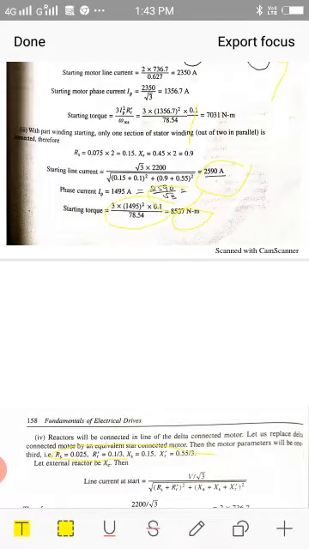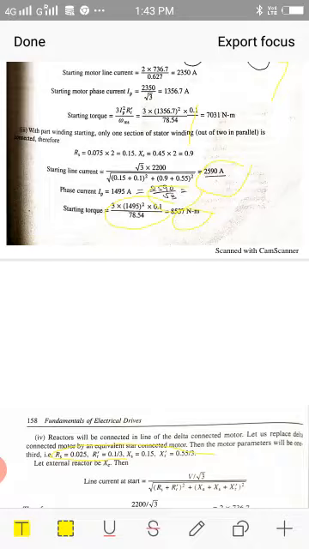Okay, it will be 3 times lesser than the previous value. RR dash will be equal to 0.1 divided by 3. Similarly, XS will be equal to 0.15 and XR dash will be equal to 0.55 divided by 3. Okay, so if the motor is having this much resistance and it is connected in star, the performance of the star connected motor as well as the delta connected motor will be the same.